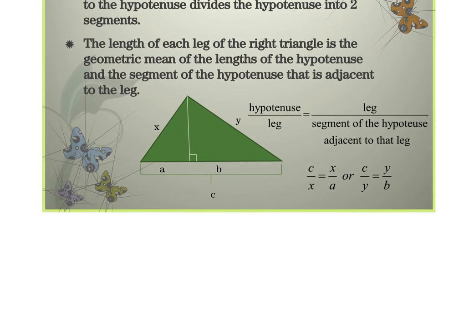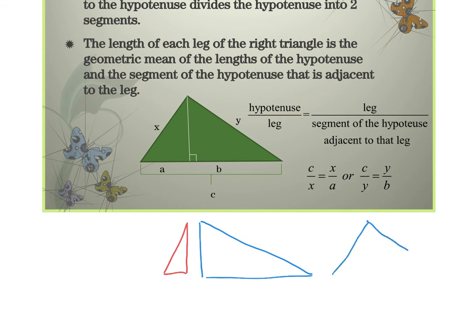So let's see where that comes from. Let's draw out our triangles again. And then the big one, which is like this.